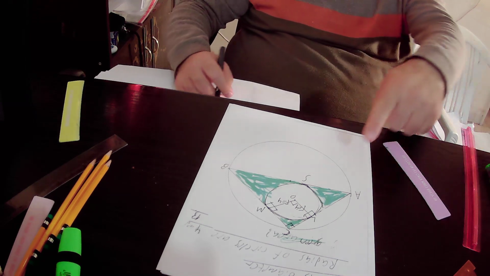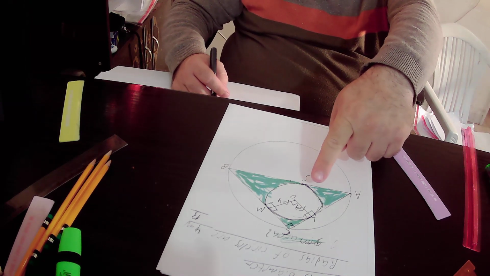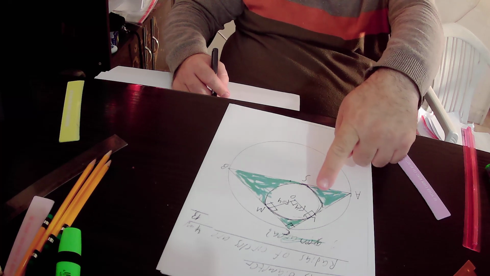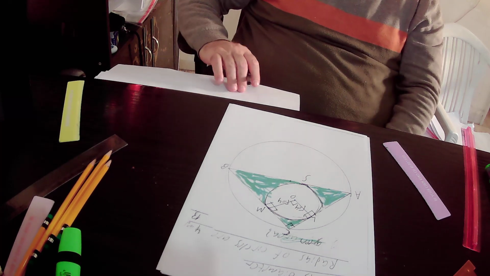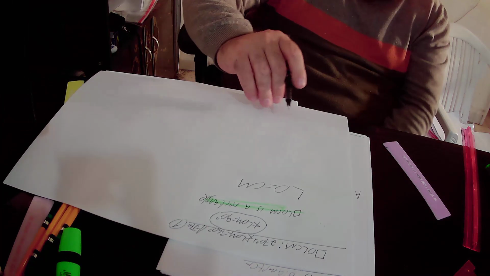But we already found out that NO equals 4 units. It is the radius of the small circle. So we can write here that NO equals 4 units.